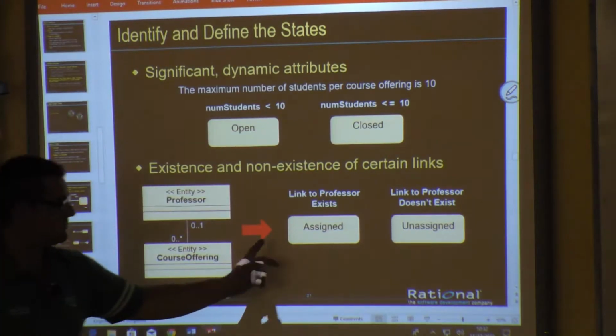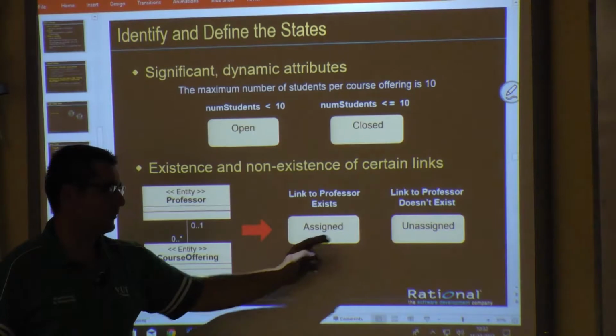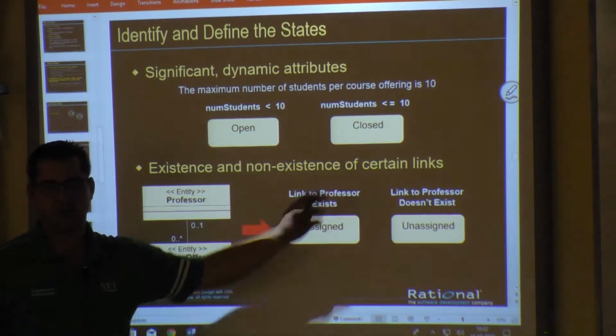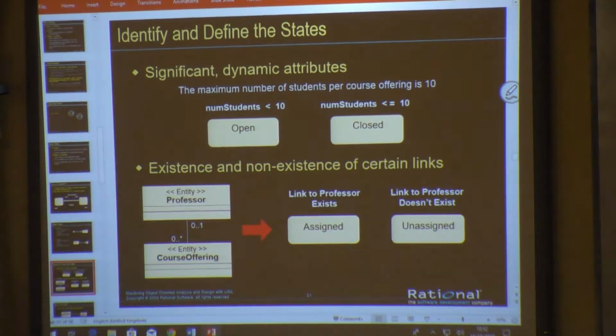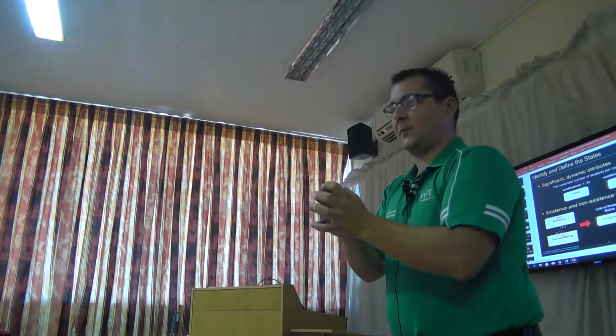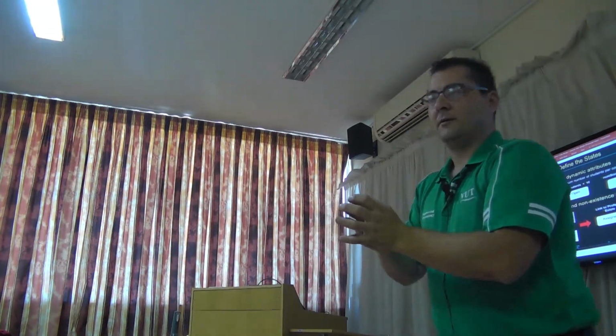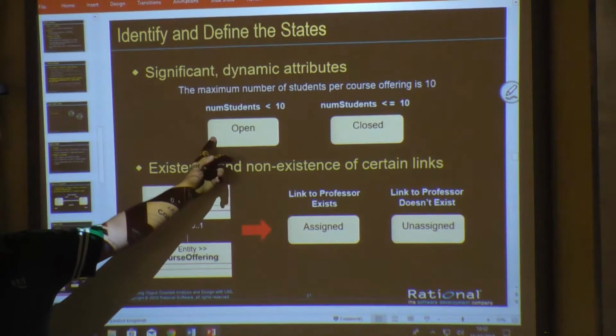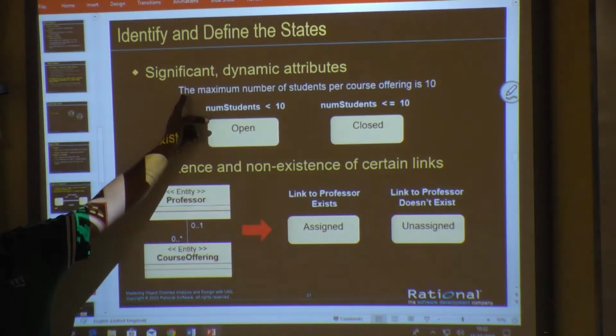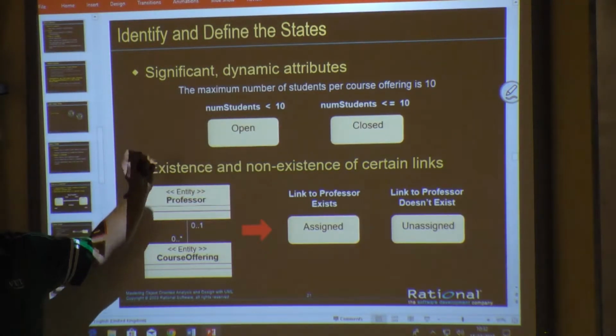So the state, for example, assigned or unassigned or open or closed, is a lot related to the actual data which you are capturing. Okay, how do we know if it's open? We look at the attribute, number of students. Okay.